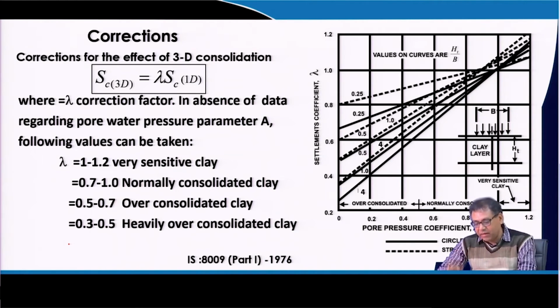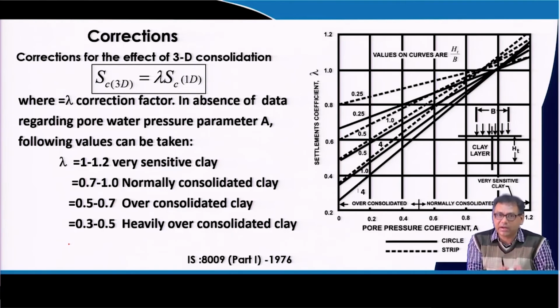If you have the A value, you can get the actual factor from the chart, but here you get a range. If you do not have the A value, you can use these ranges.